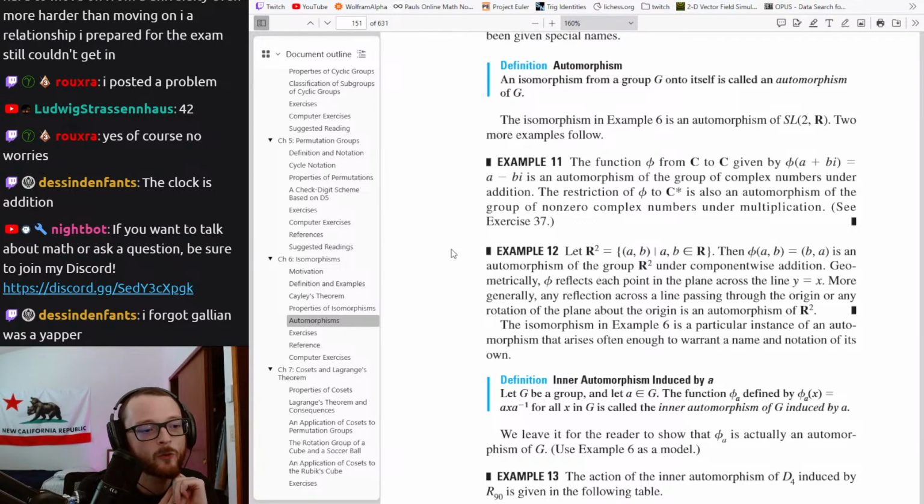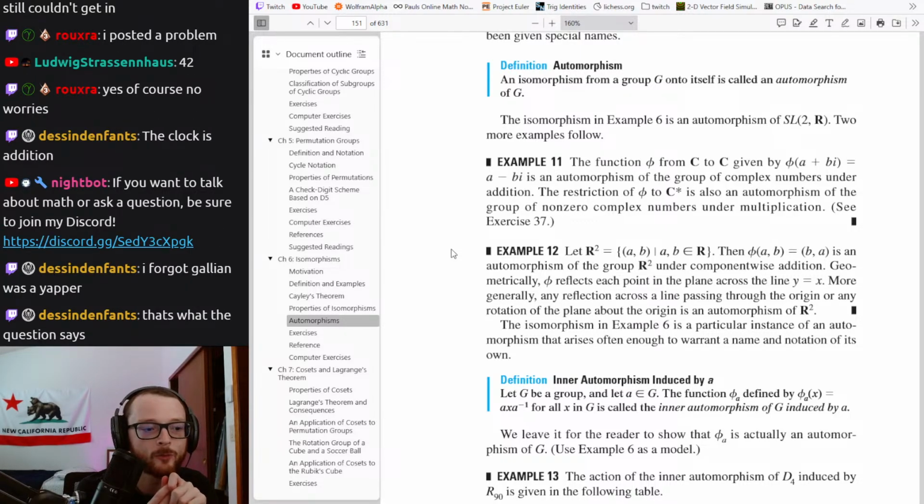So is the question that every automorphism on integers mod 30 is also an automorphism on integers mod 15? That's what the question says.